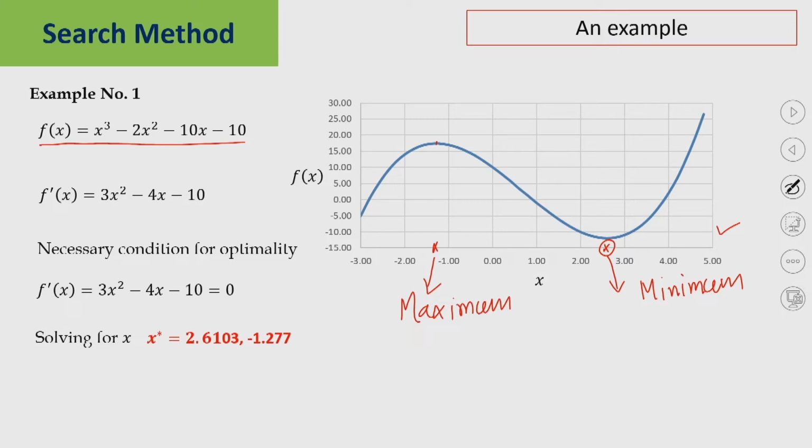Now, if I say that the search space is between minus 3 and plus 5, then this is not a unimodal function, as there is more than one optimal solution. But if I take only this portion, from 1 or 0.5 to 5, then the function between 1 and 5 is a unimodal function.